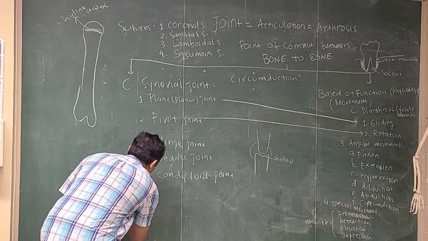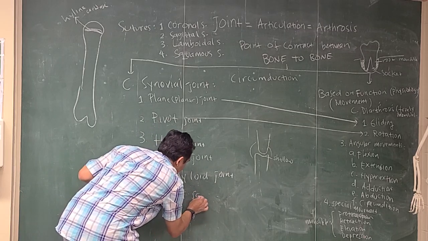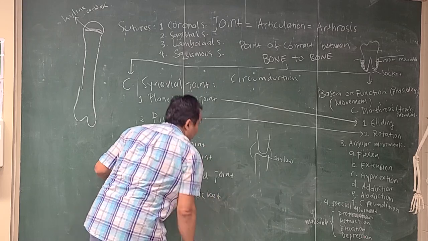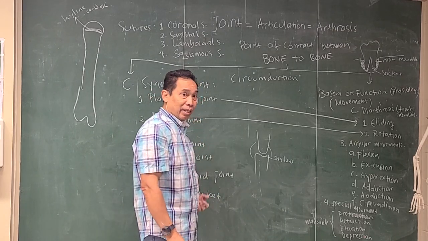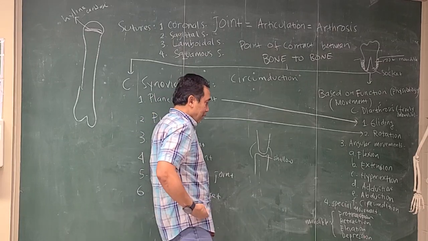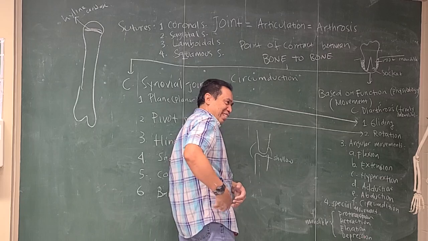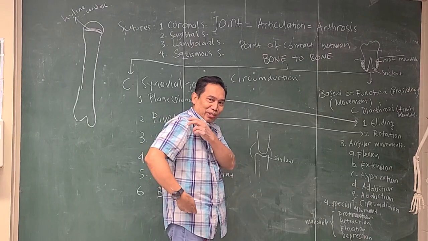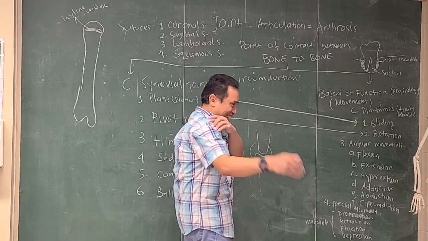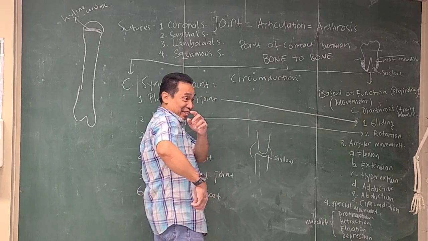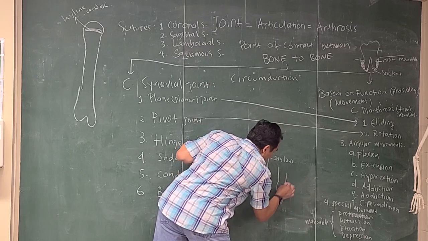The last one is called ball and socket. This is only in two places in our body, in the shoulder and in the femur. This is the shoulder. This is the acetabulum, the hip. Okay, hip joint and shoulder joint. Now that one is going to be like this.